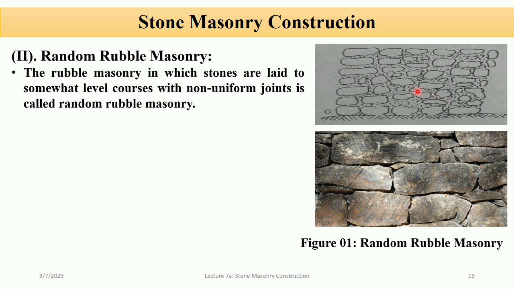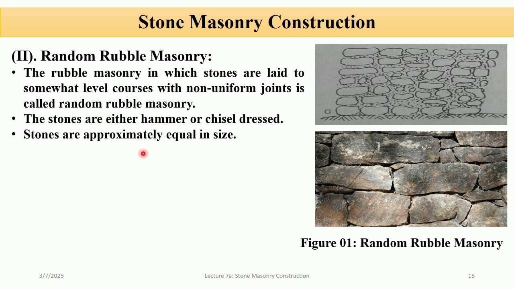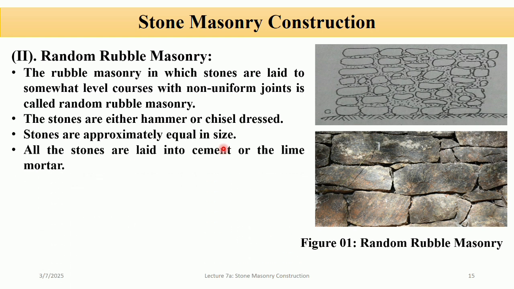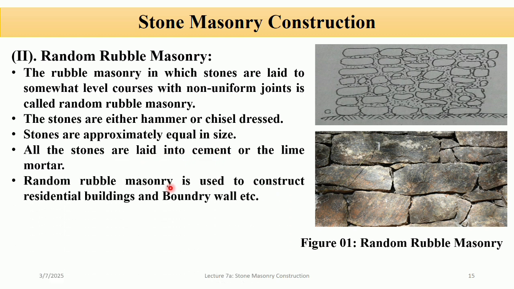You can see in the figure that we place the stones nearly in courses. The stones are either hammer or chisel dressed, approximately equal in size, and all the stones are laid in cement or lime mortar.